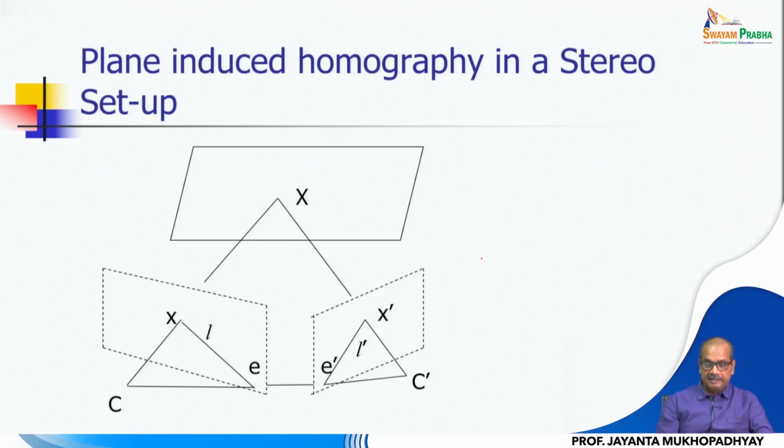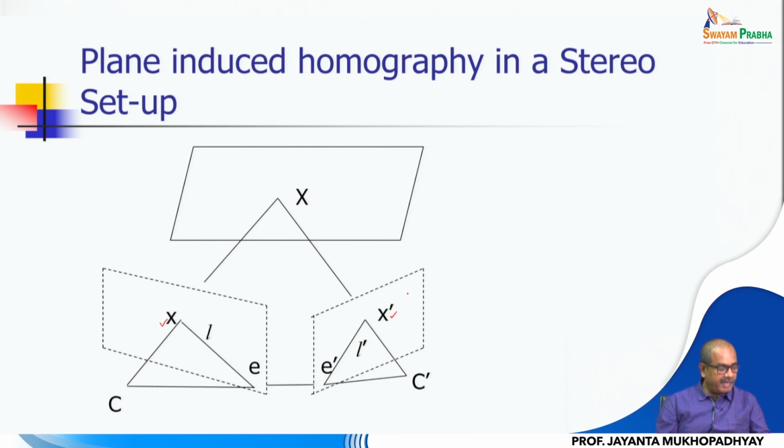plane. Now, one interesting thing to understand at this stage is that when we consider stereo imaging of a plane, that actually induces a homography between the two images. You consider a point x as before. For this scene point, we know that x and x prime are the two corresponding points.